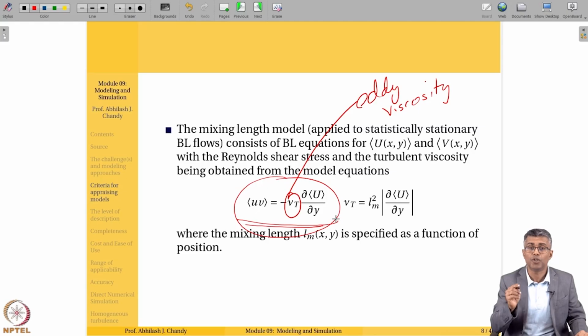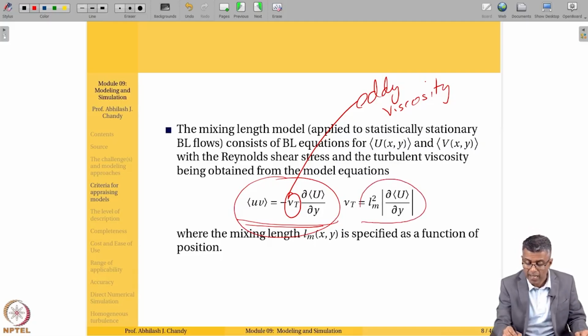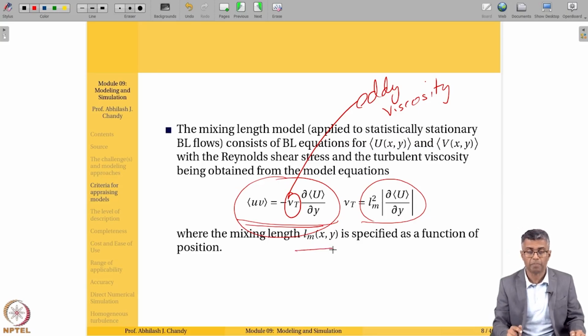Now the way nu_T, or the eddy viscosity, is specified depends on your turbulence model, and here we are considering the mixing length model for discussion. The eddy viscosity is given by this expression in the mixing length model: nu_T equals L_m squared times the modulus of del y of the mean velocity, where L_m is what is called the mixing length.